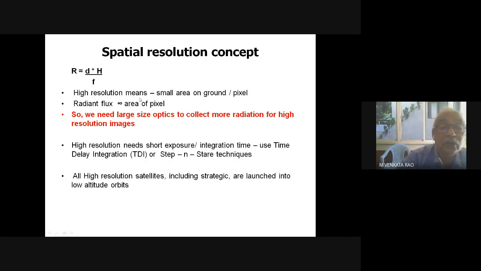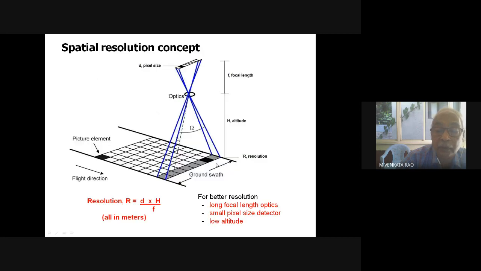Why you have to increase the focal length, I will tell you. High resolution means small area. Instead of 1 kilometer by 1 kilometer, if it is 500 meters or some 30 meters, as you are reducing this area, the radiation coming from it is also reducing.